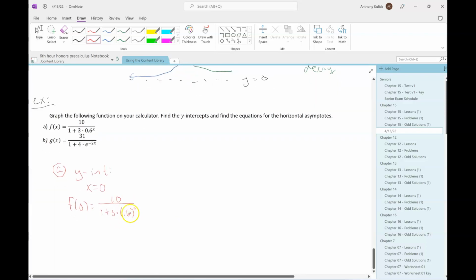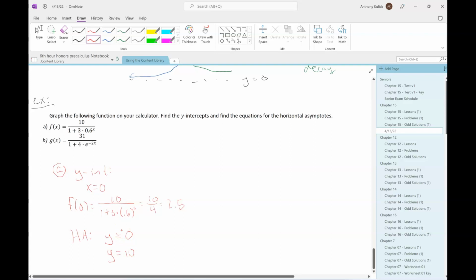Now 0.6 to the 0 is 1, 3 times 1 is 3, 1 plus 3 is 4, so this really just turns into 10 over 4, or 2.5. Everybody's cool with that? The horizontal asymptotes are always going to be y equals 0 and y equals c. C in this case is 10, the numerator.